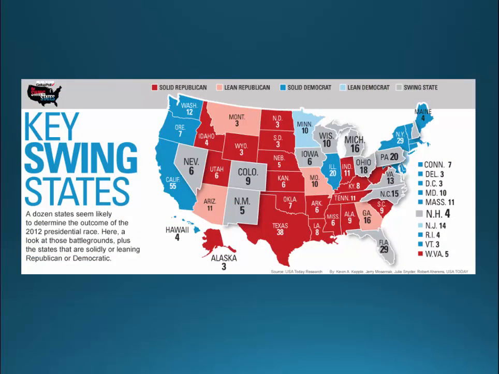Presidential elections are generally won by whichever candidate wins the most swing states. This includes North Carolina, which voted for President Obama in 2008, but for Mitt Romney in 2012. No Republican has ever won the presidency without winning the state of Ohio, and George W. Bush won the presidency because he won Florida.